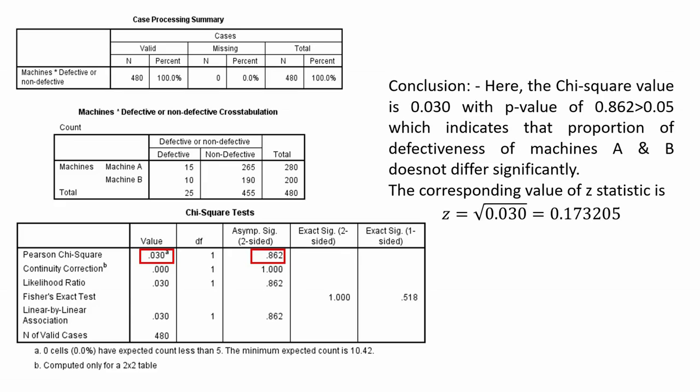The chi-square value is 0.030 with p-value of 0.862, which is greater than 0.05, which indicates that the proportion of defectiveness of machine A and B does not differ significantly. With respect to that, the corresponding value of Z statistic is Z is equal to root over of 0.030, that is 0.1732, and so on.